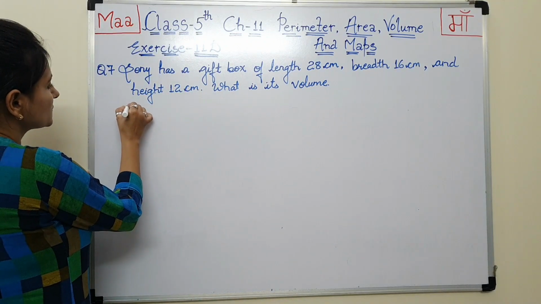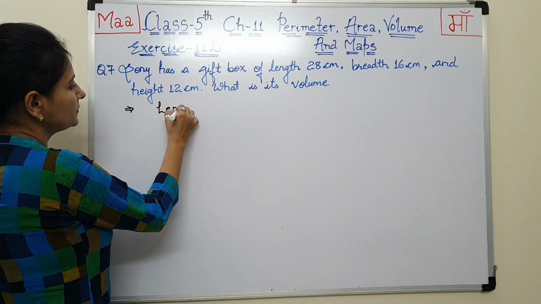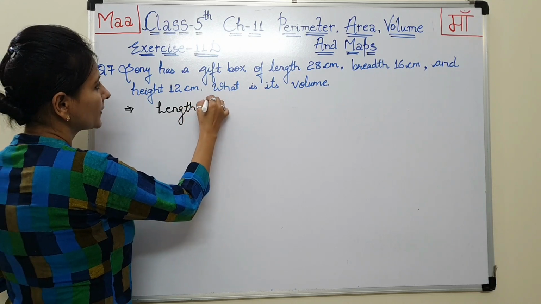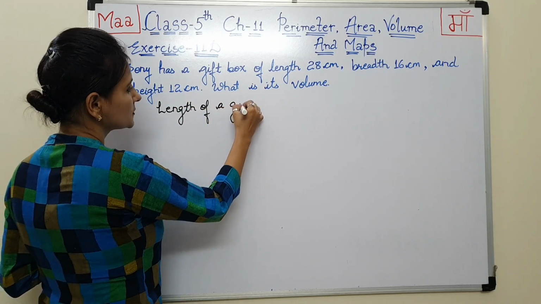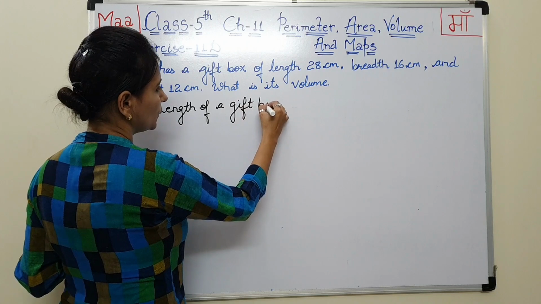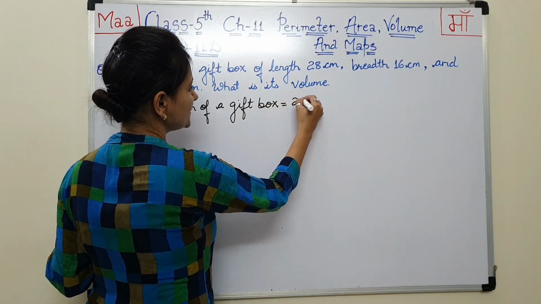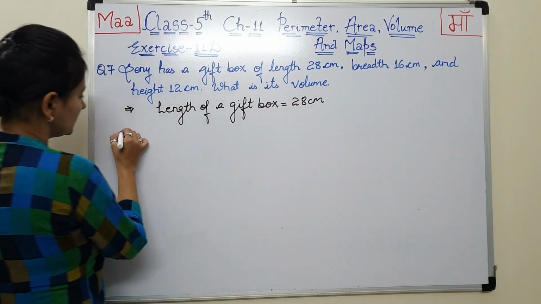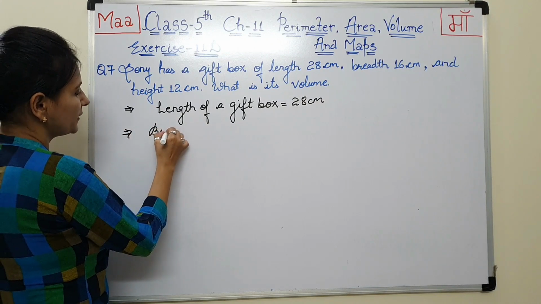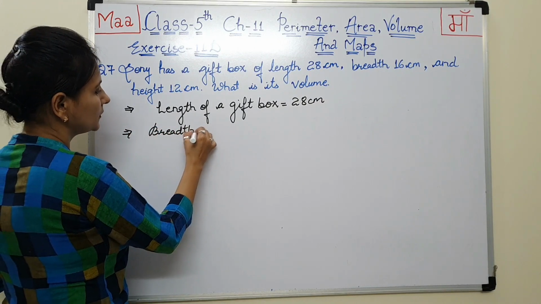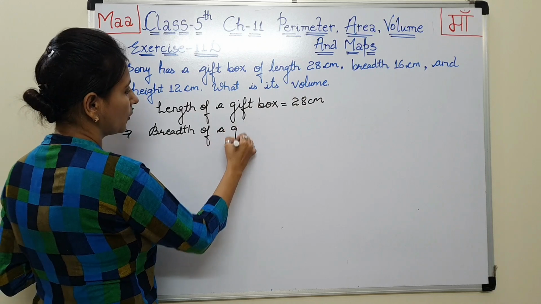So see, first of all you will write length of a gift box. So it is given as 28 centimeter. Then you will mention the breadth of a gift box.